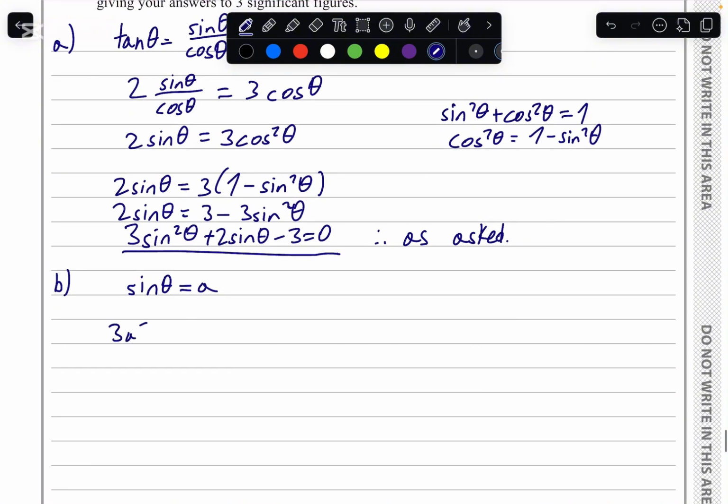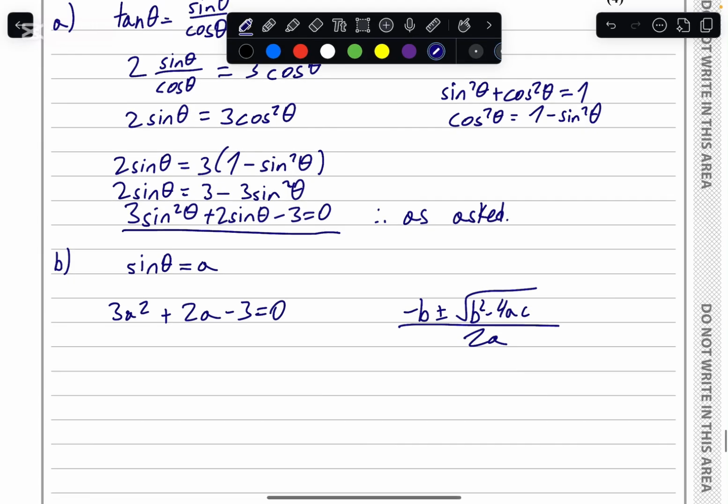So 3a squared plus 2a minus 3 equals to 0. And to solve this, we will use the quadratic formula, which is minus b plus minus square root of b squared minus 4ac over 2a.